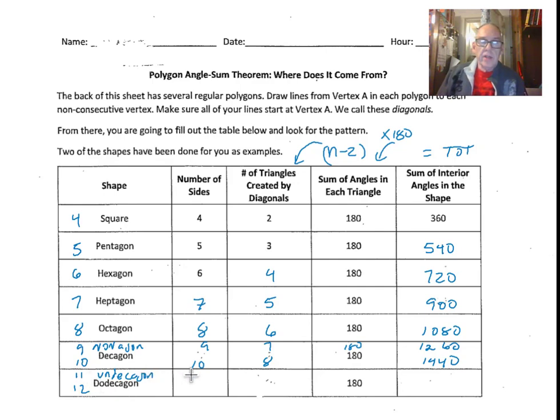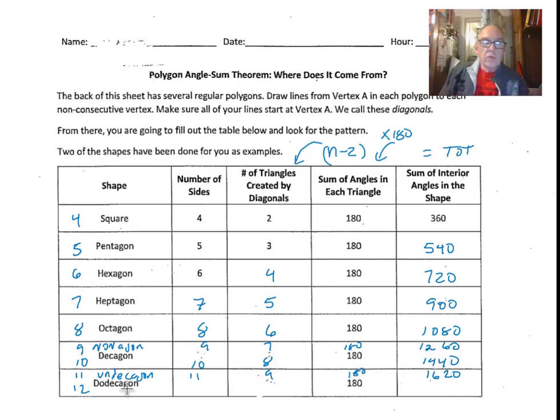An undecagon, 11 sides, take away 2 gives us 9. 9 times 180 is going to add another 180 onto this. We're going to get 1620.